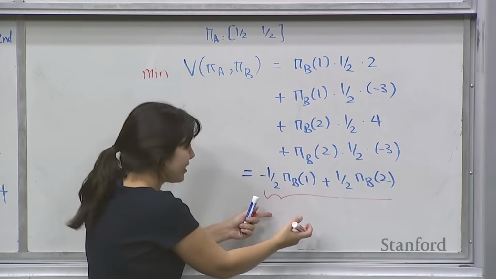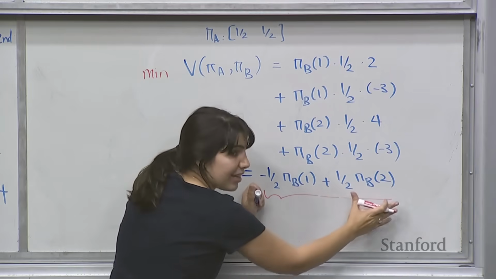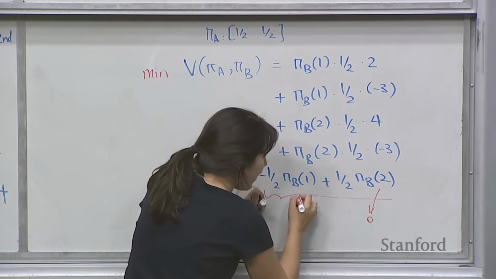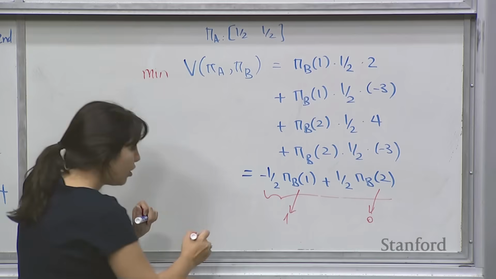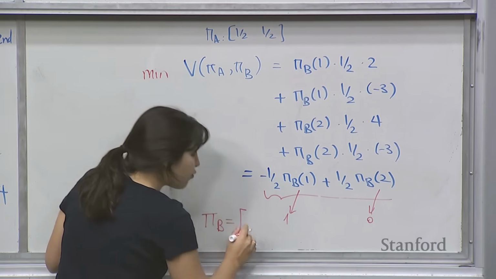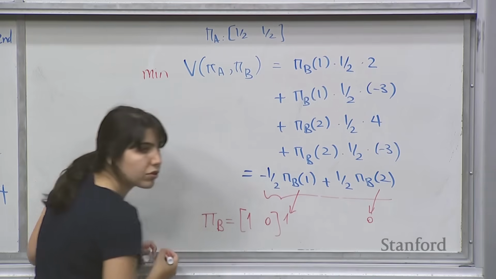The way to minimize this is to put as much weight as possible for this side and as little as possible for this side. So that tells me that never show 2 and always show 1. Does everyone see that? So the best thing that I can do as agent B is to follow a pure strategy that always shows 1 and never shows 2.